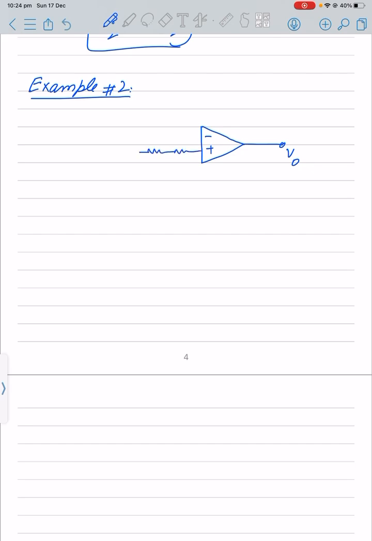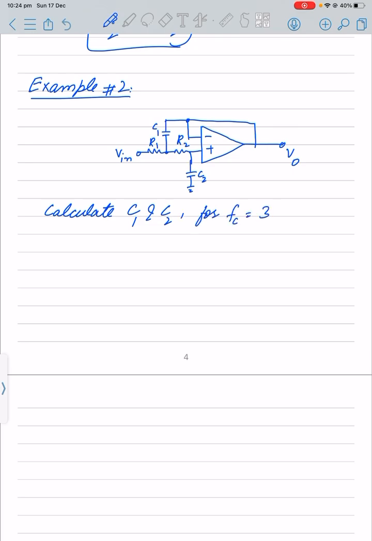On the positive input we are applying an input, and we have two networks, R2 and C2, and then this one is directly connected, and then we also have a network over there. That one is C1. This problem says that we have to calculate the capacitor values C1 and C2 for a corner frequency of 3 kilohertz.